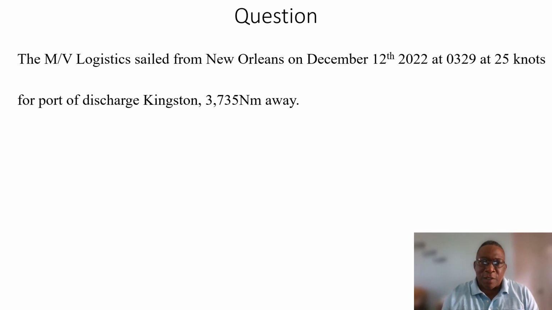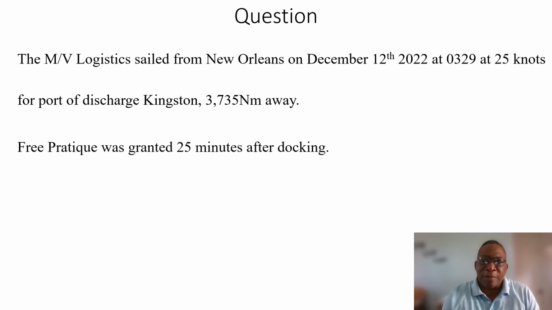The question reads: the MV Logistics sailed from New Orleans on December 12th, 2022 at 03:29 hours at 25 knots for the port of discharge, Kingston, which is 3,735 nautical miles away.